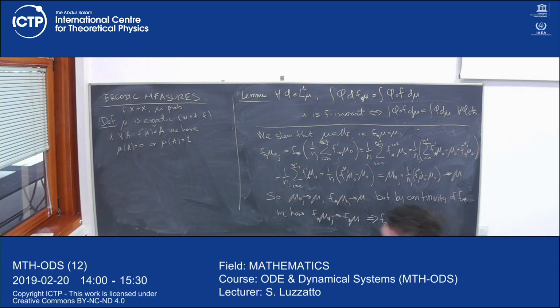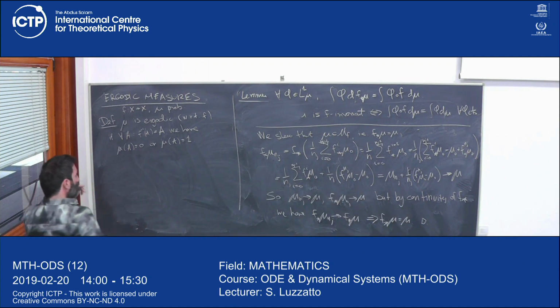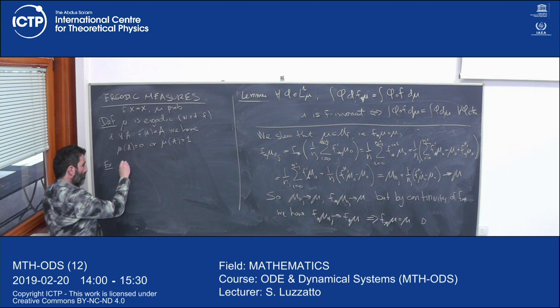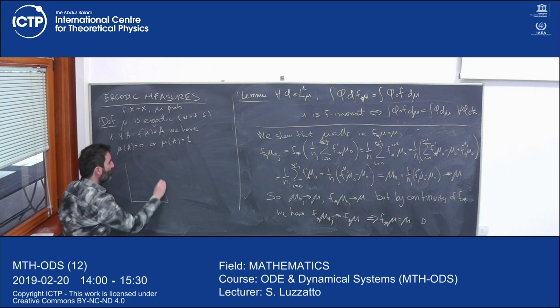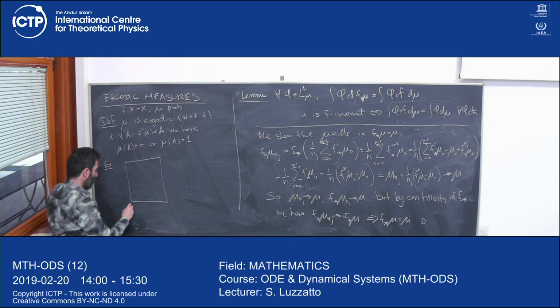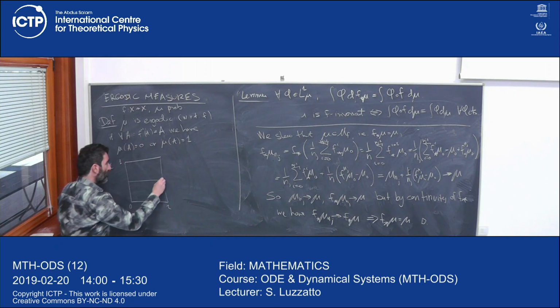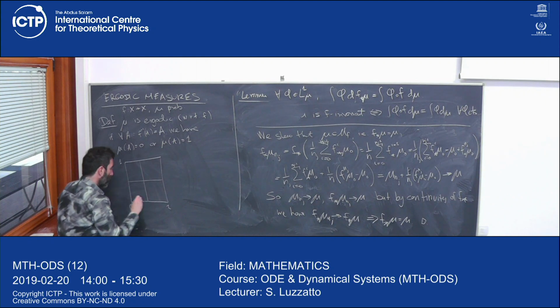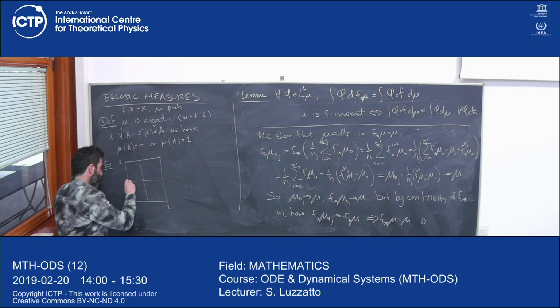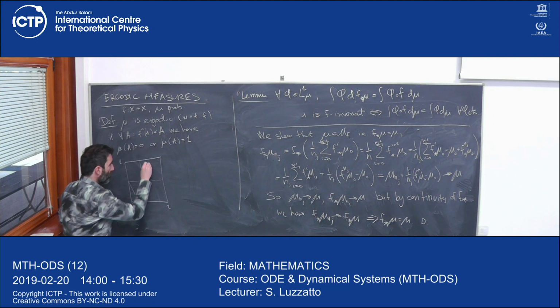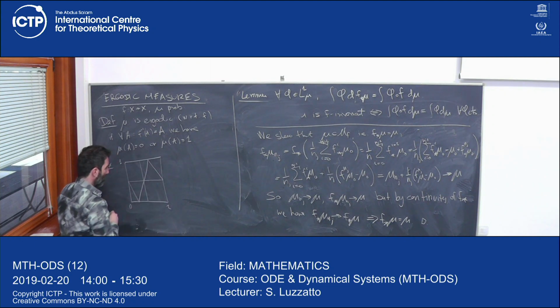Let me actually first give an example of a non-ergodic measure, because that way we can get a clearer idea. Example. So let me draw this map here. 0, 1, 0, 1. And this map is like this.